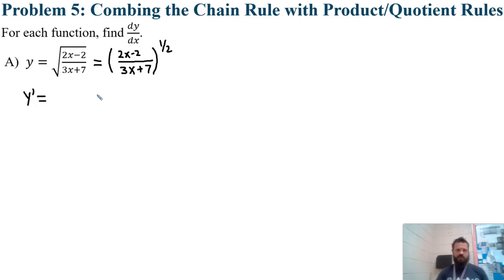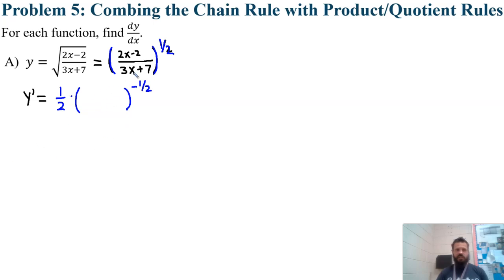We want the derivative of the outer function, which is the square root, or the to the 1/2 power. That's just going to be a 1/2 times all of this raised to the 1/2 minus 1, which will be a negative 1/2 power.